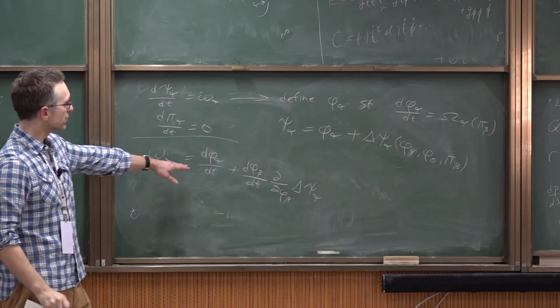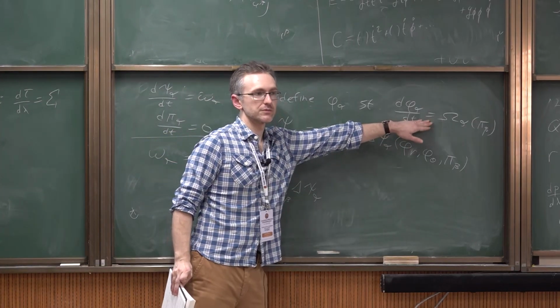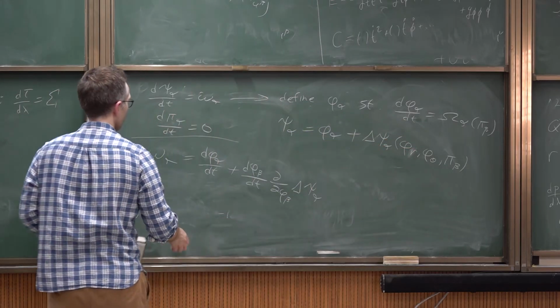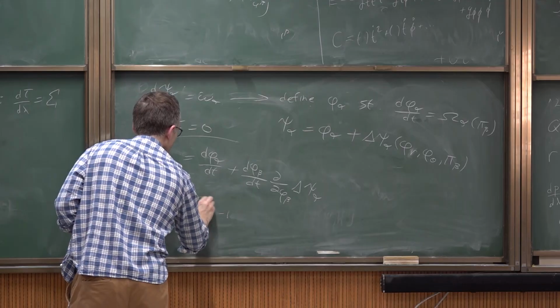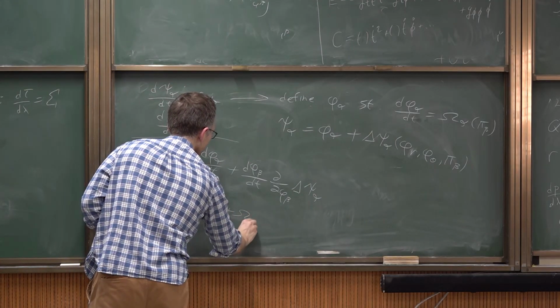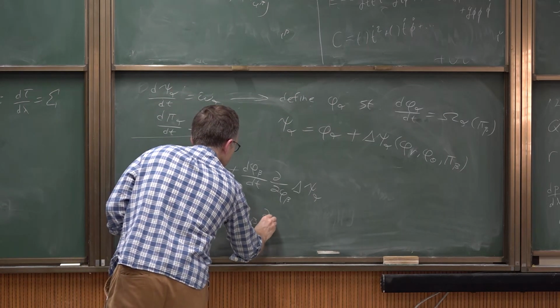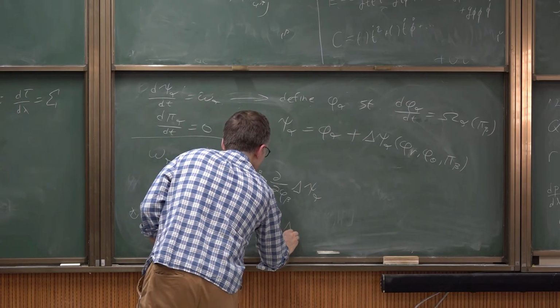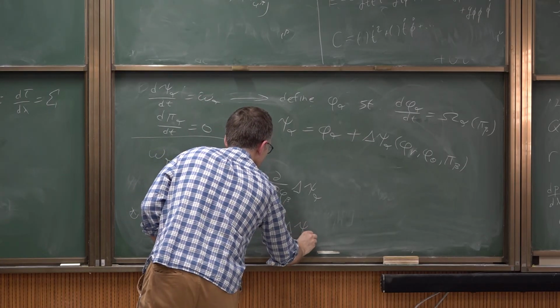Now I want to impose that this is true. This is defining for me what I want my coordinates to do. And so then this becomes Ω_α plus Ω_β ∂δψ_α/∂Φ_β.